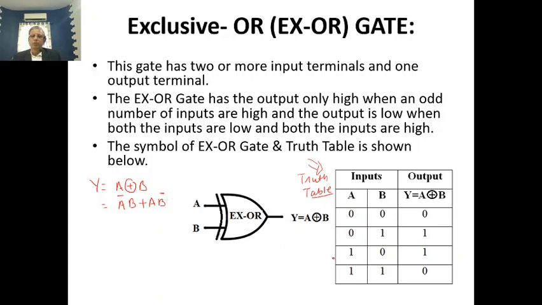Now here if you observe this truth table, when the number of ones is odd, at that time the output is 1. If it is 0, 0, the output is 0, and if the number of ones is even, means 2 ones, at that time the output is 0.